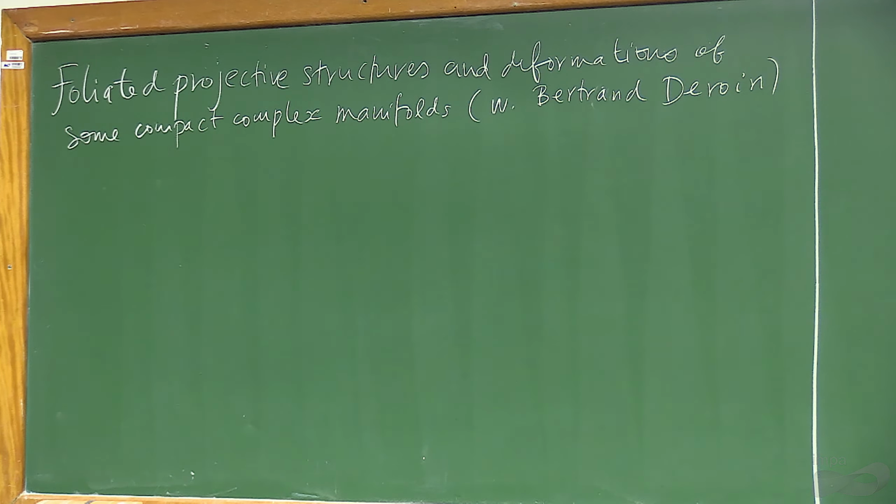On top of this complex structure, a projective structure will be an atlas taking values in P1, such that the changes of coordinates are given by Möbius transformations. So this is one-dimensional projective geometry.